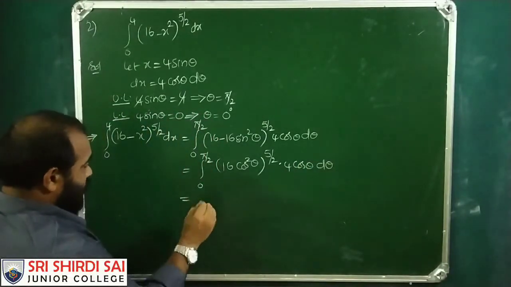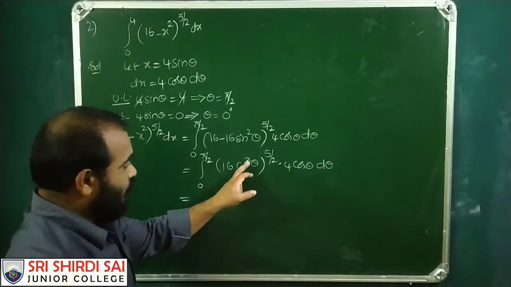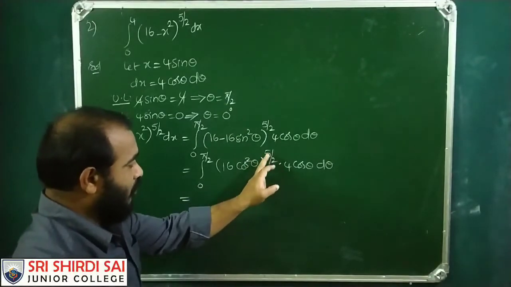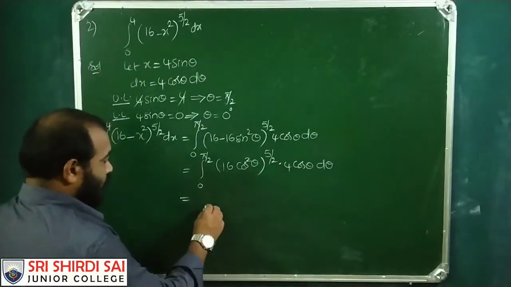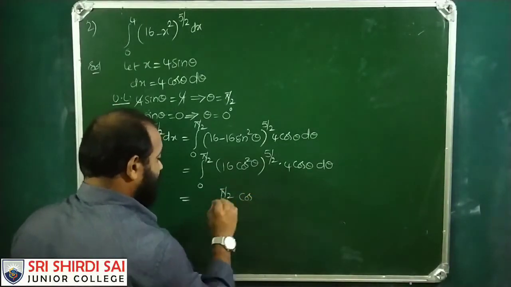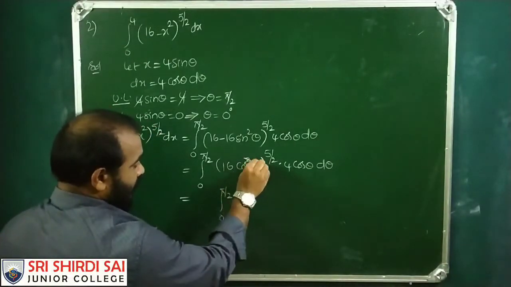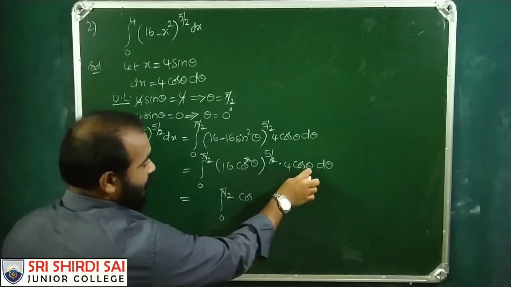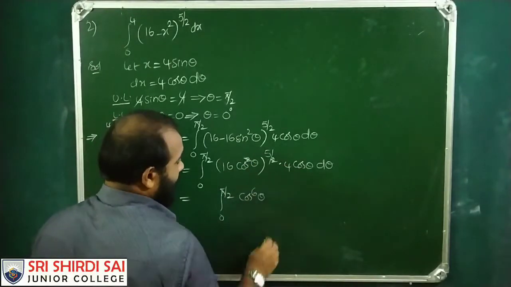So this is equal to, the square root gets cancelled, so cos power 5 into cos, 0 to pi by 2. Cos power 5 into cos is cos power 6 theta.